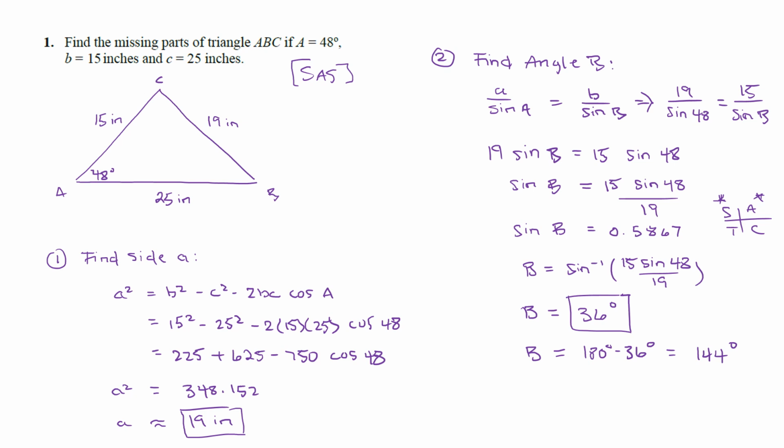Now that we know B is 36 degrees, we can label it in our triangle here. All right, and so now we need to find our last missing piece, which is angle C. And to find angle C, we now need to utilize the triangle sum theorem that says all of the angles within a triangle sum to 180 degrees to find our missing angle. So let's do that.